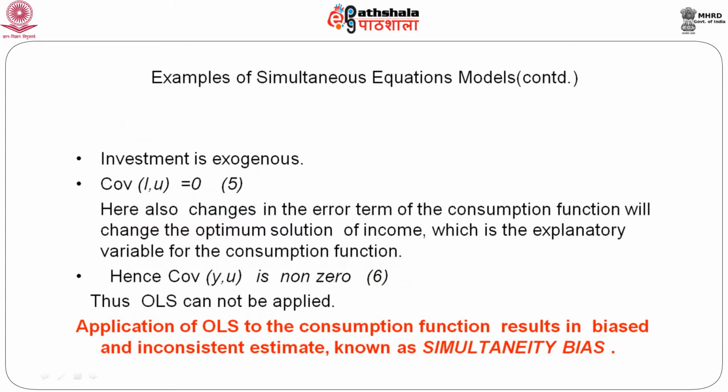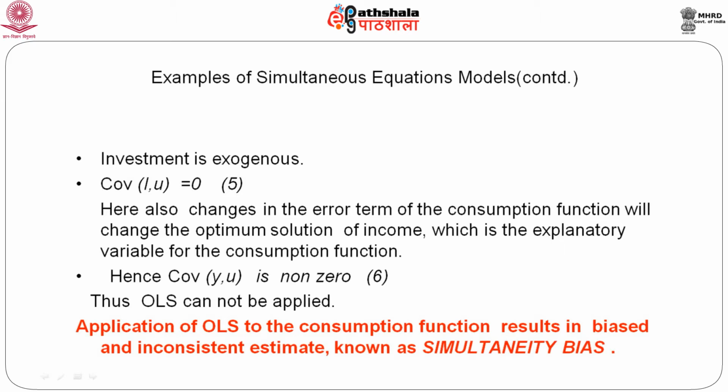Now, since investment is exogenous, it is not correlated with the disturbance term of the model, that is, the covariance between investment and the error term is 0. Here also you find that changes in the error term of the consumption function will change the optimum solution of income, which is the explanatory variable for the consumption function.